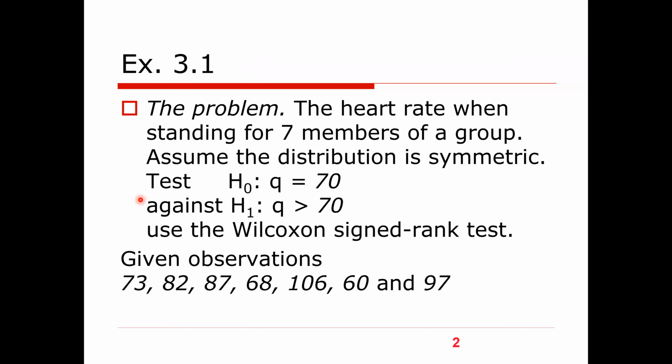So example 3.1 is about, given the heart rates of a 7-member group, test if the median equals 70 and the alternative is greater than 70. So it's a one-sided test.